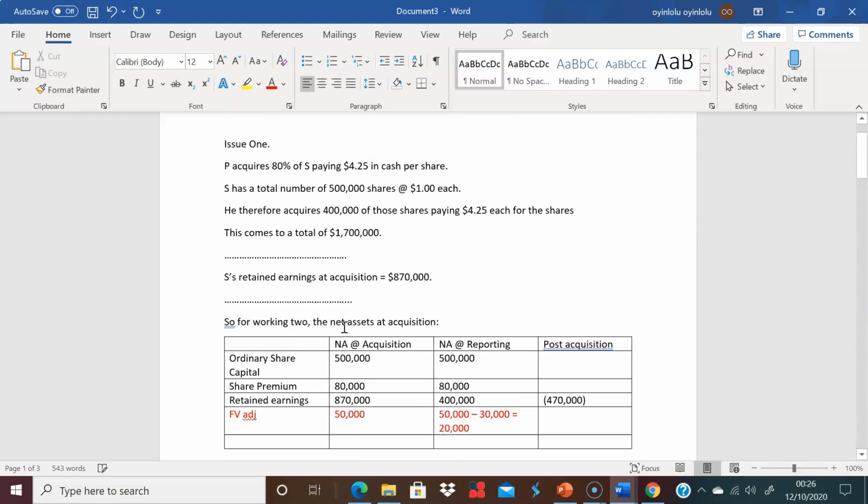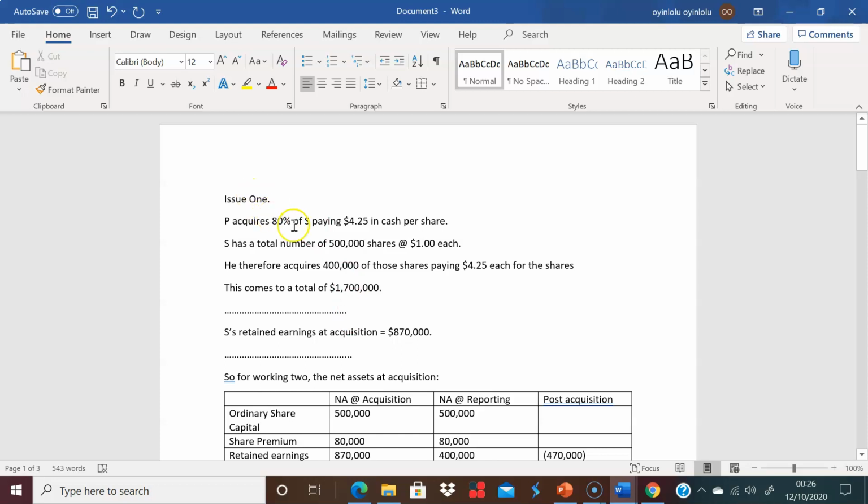So P acquires 80% of S. We agreed that, paying £4.25 in cash per share. Now S has a total, and I'll highlight this is the subsidiary, of 500,000 shares at £1 each. So for the subsidiary, they're telling you P acquired 400,000 of those shares, which is 80%, and paid £4.25 each for those shares.